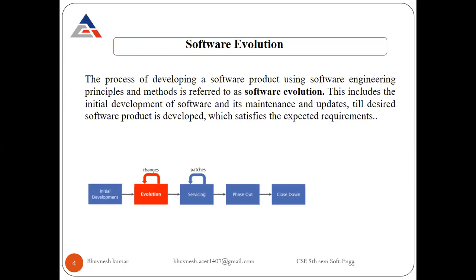That is evolution, meaning from 2005 till date that product is in the market. Android is a software, and the process of developing a software product using software engineering principles and methods is referred to as software evolution. The example is Android, which has been in use from 2005 till date.